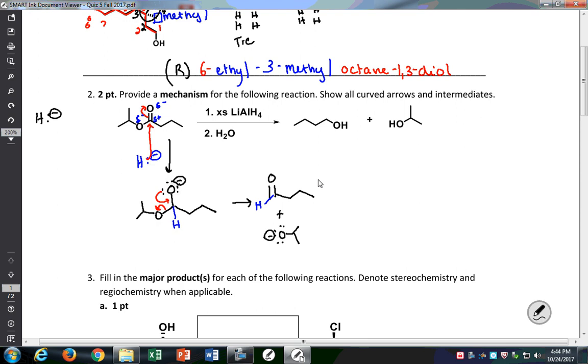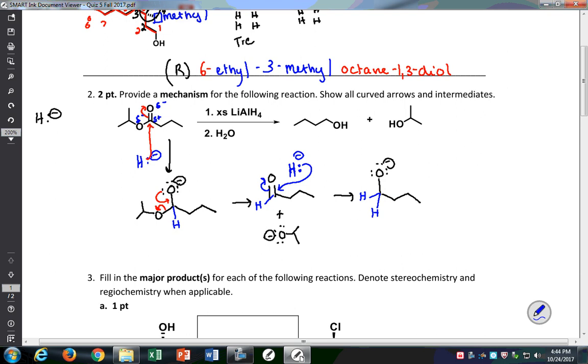Now we can have another addition of H negative because we have a lot of these floating around. And it's going to again attack for a second time. And again, I'm showing the hydrogens, you don't necessarily need to, but I'm just being clear.